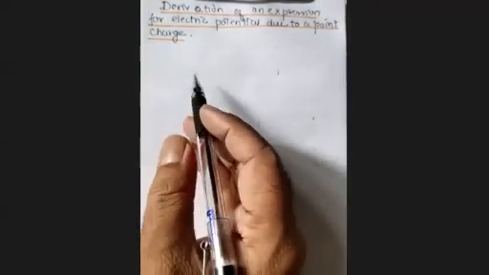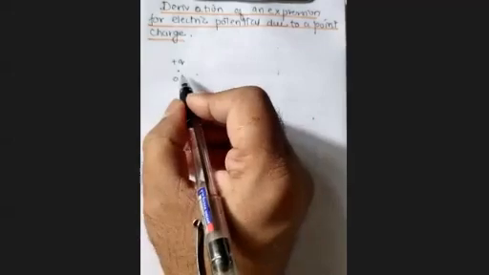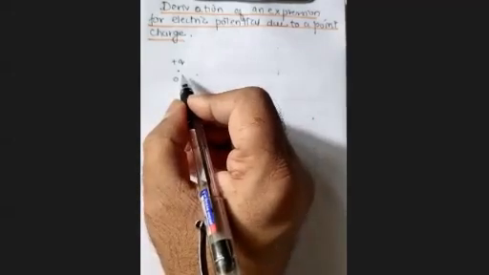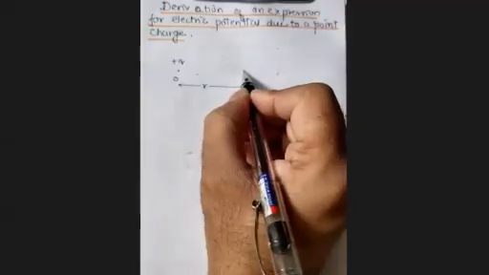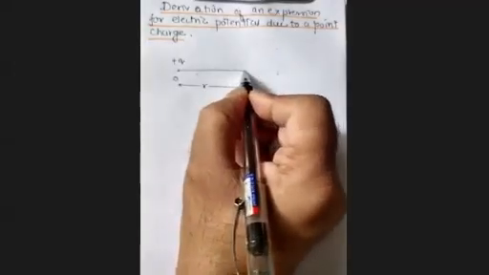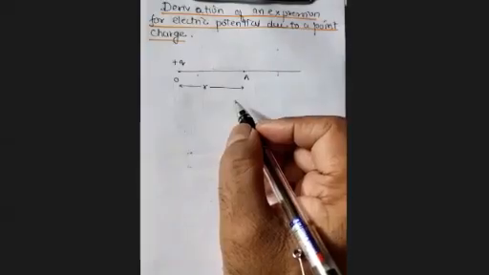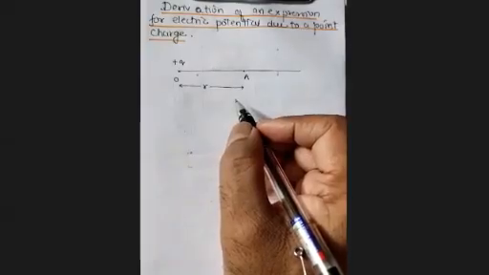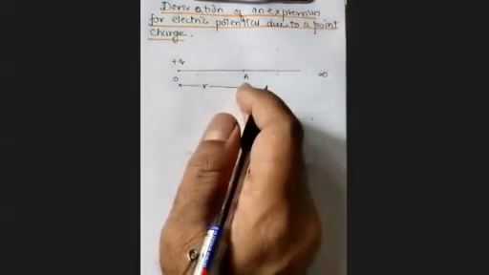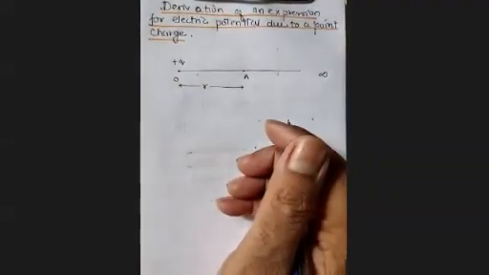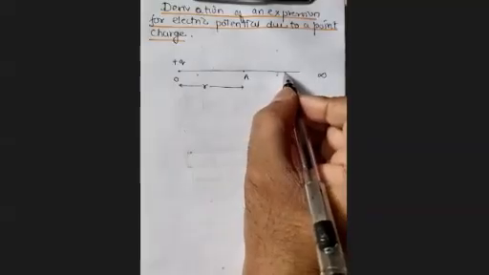Now same story, if we consider a positive charge Q at the origin, at a distance of r there is another point A. Now let a unit positive charge be brought from infinity to point A. From infinity, it is brought towards point A. So we will consider an intermediate position.